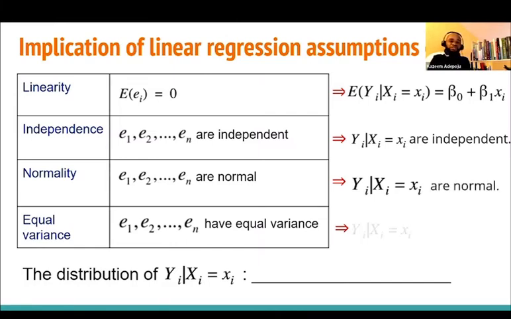What is the implication on the constant variance? Now, let me tell you this: if errors are independent, the implication is that yi given xi will also be independent. I'm going to say that again. If errors are independent, then we expect the prediction from every county to be independent.